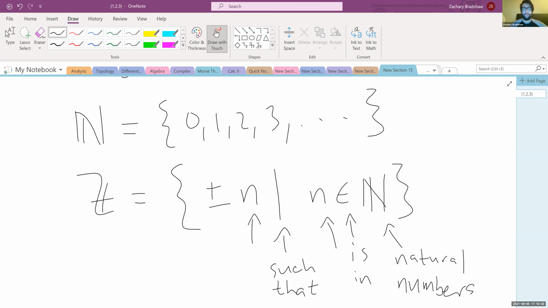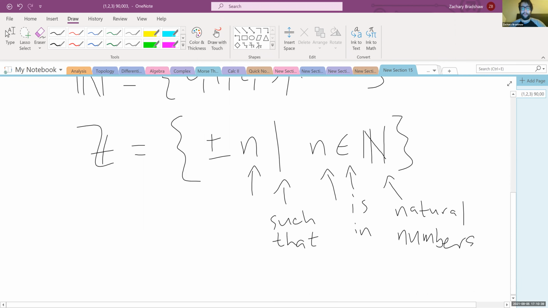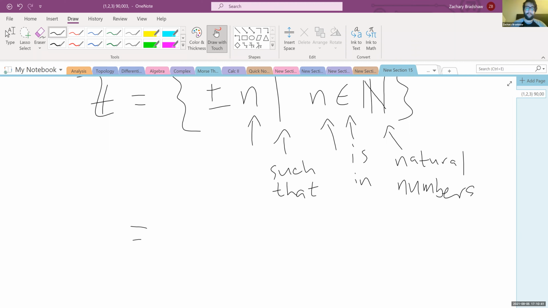So the integers are the set of all plus or minus n such that n is a natural number. If you wanted to write that out, you could write it this way: -2, -1, 0, 1, 2, like this.